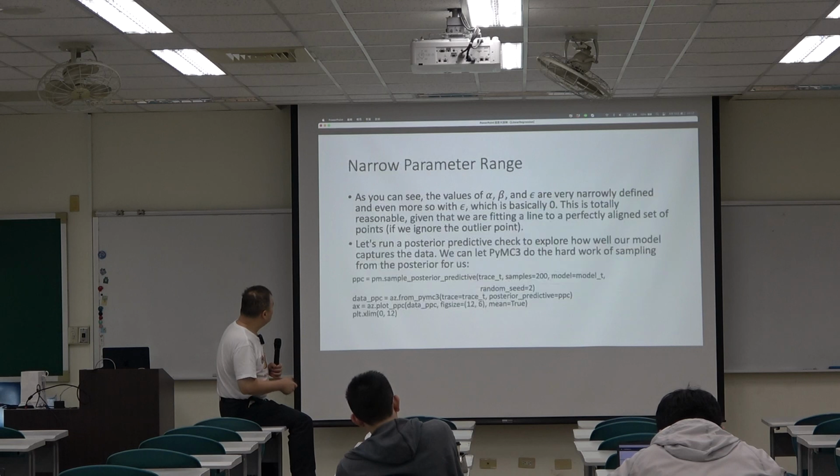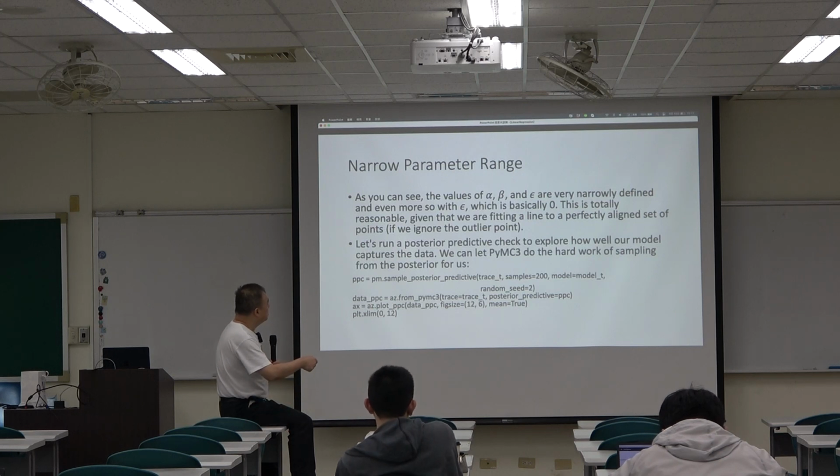The values alpha, beta, epsilon are very, very narrowly defined, and the standard deviations are all close to 0. That means not using that 0 here is problematic.